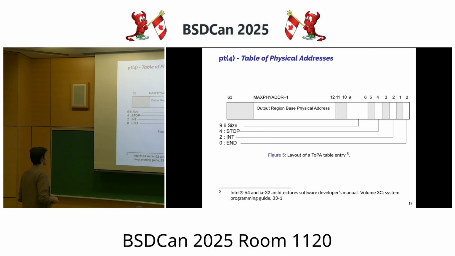So this is the layout of a single TOPA table entry. The upper bits here encode the actual address of the output region. The regions may come in various sizes, ranging from 4K pages up to 128 megabyte regions, which, if you're generating a lot of data, might be the thing you want to do instead of having just a bunch of 4K entries.